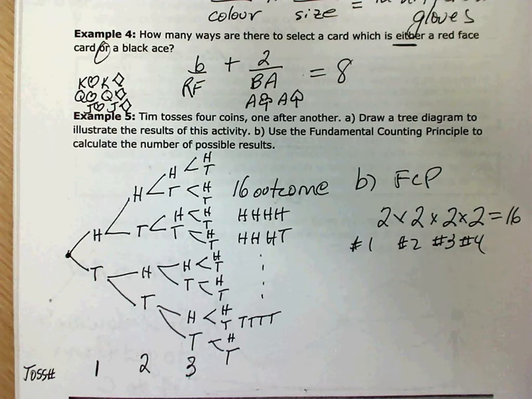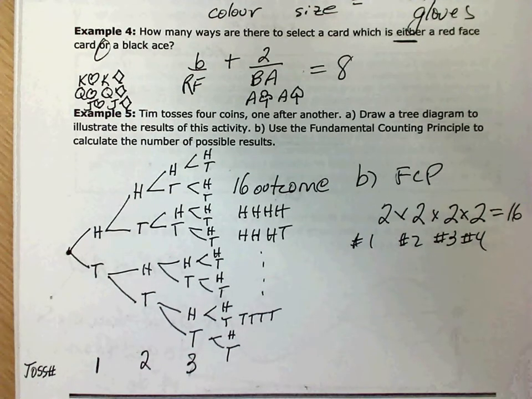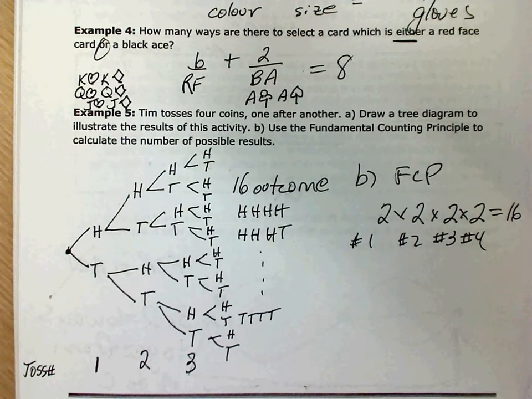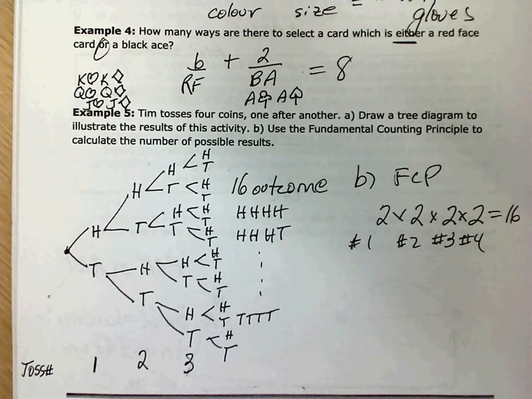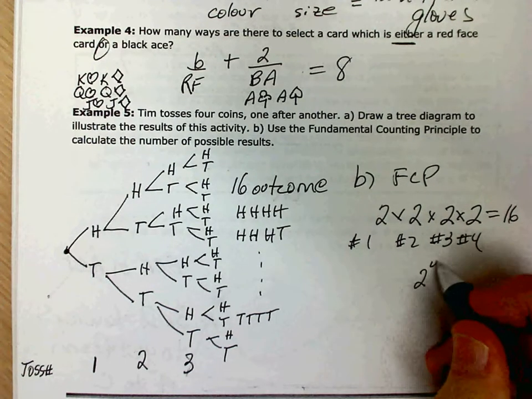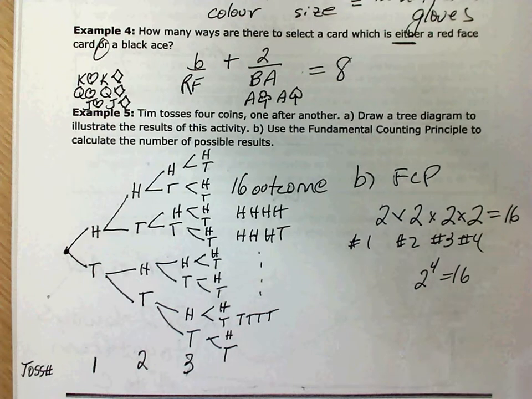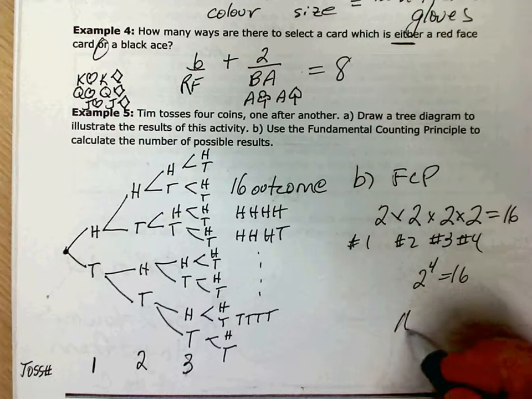In cases like these where each subsequent choice has the same number of possibilities, like 2 choices, heads or tails, why don't we just use the number of choices to the exponent of how many there are? Yeah, that is absolutely acceptable. So again, we get 16 outcomes.